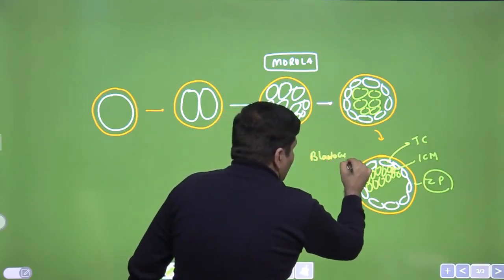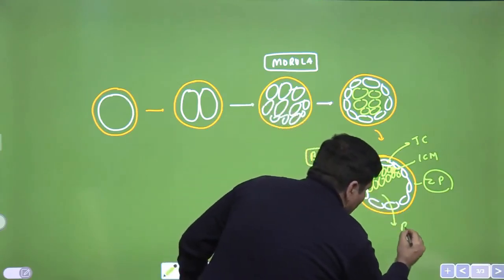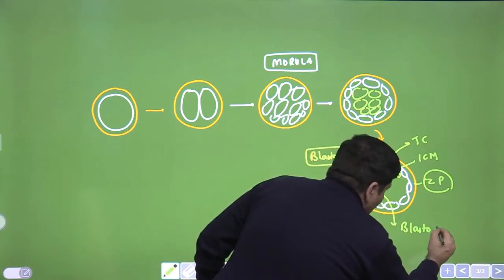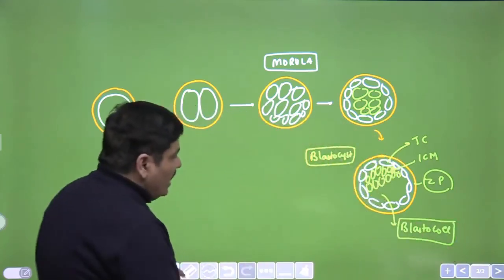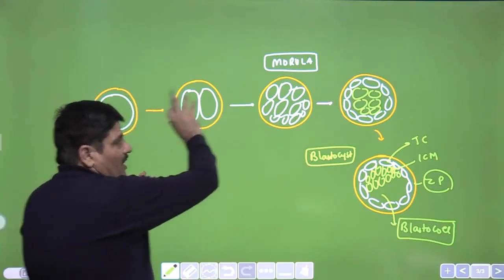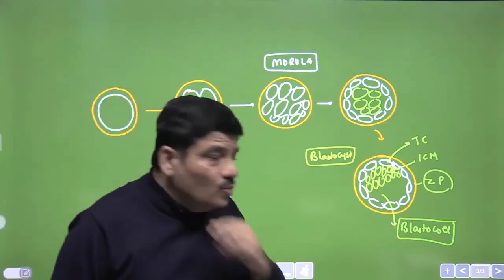This cavity would be called the blastocoel, and many cleavage divisions have occurred after the fertilization of the secondary oocyte.